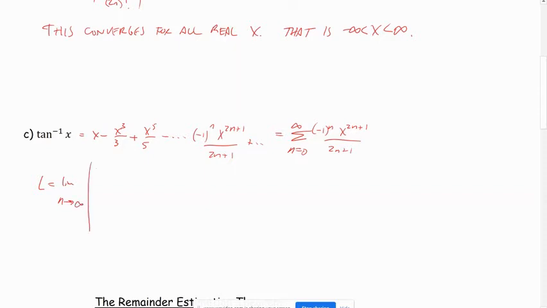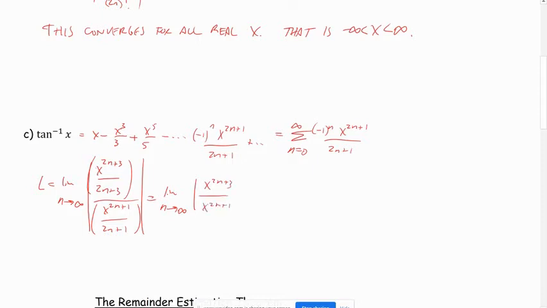In the top, we're going to have x to the 2n plus 3 over 2n plus 3 divided by x to the 2n plus 1 over 2n plus 1. And simplifying, we get x to the 2n plus 3 over x to the 2n plus 1, and 2n plus 1 over 2n plus 3.